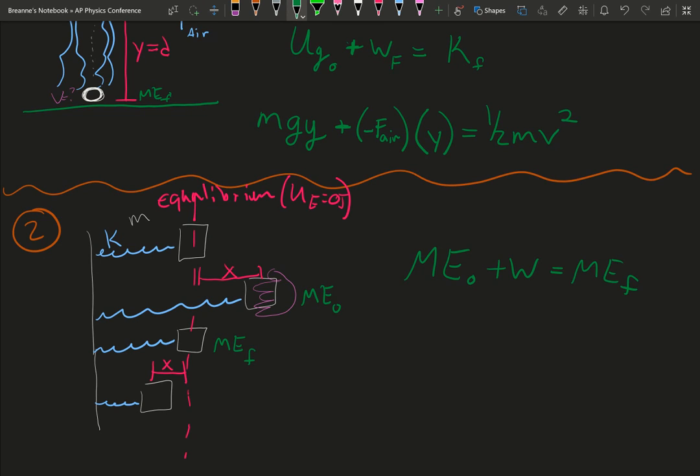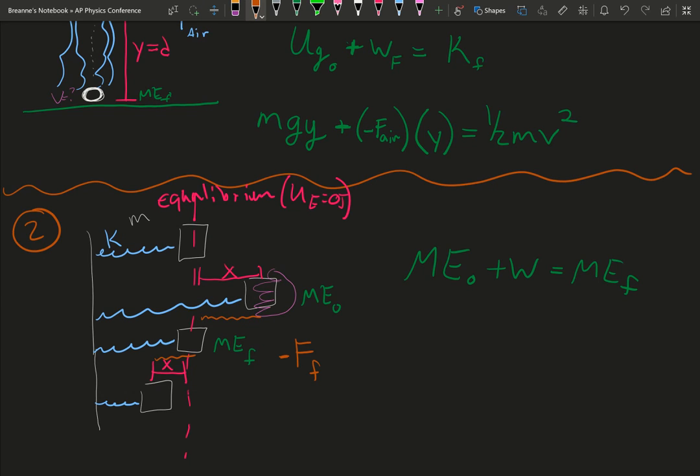Because it's on a table, we have some type of friction. So our frictional force, friction slows it down, so it's a negative force. As I pulled, I'm holding it.